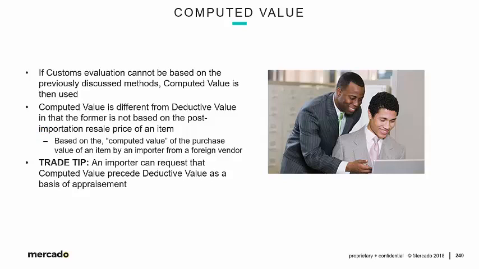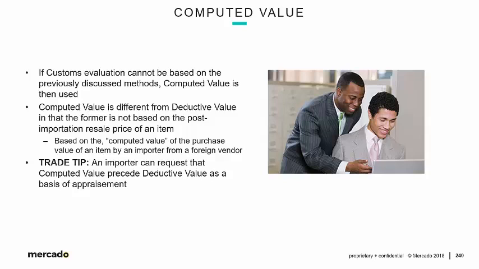And one can reasonably ask oneself, how could an importer find him or herself in that type of situation where they're importing merchandise and they don't know what it's costing them? It happens. It has to be accounted for. That's where computed value comes in. As a trade tip, and this goes back to the sequence that we spoke of just a moment ago, an importer can request that computed value precede deductive value as a basis of appraisement.